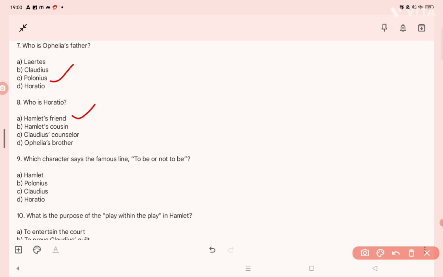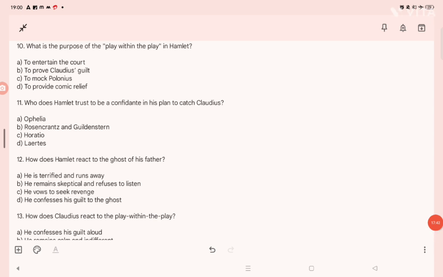Which character says the famous line "to be or not to be"? Claudius? No. Hamlet. What is the purpose of the play within the play in Hamlet? To prove Claudius' guilt.